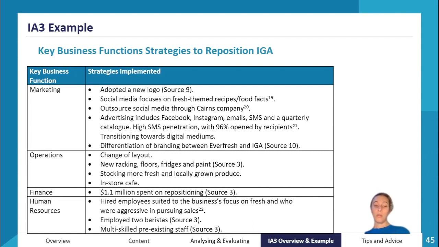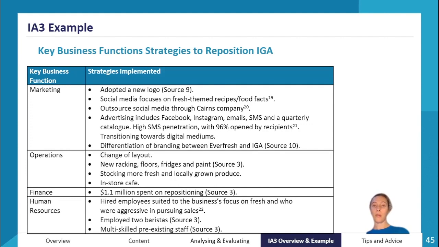And in human resources, we've got multi-skilled pre-existing staff. So that idea of retraining that we looked at earlier, we've got people who are already in the business. Maybe they work at the checkout, and then they need to learn how to work in a cafe kind of environment as well. Employing new people as well.